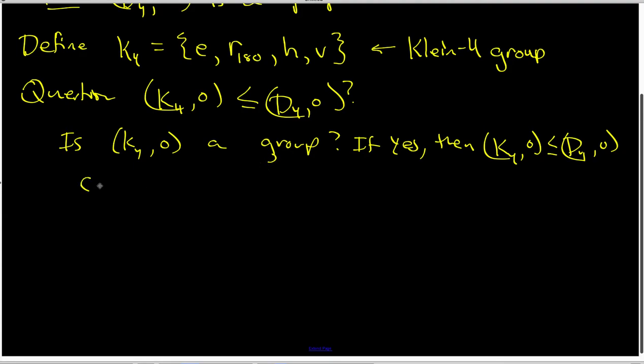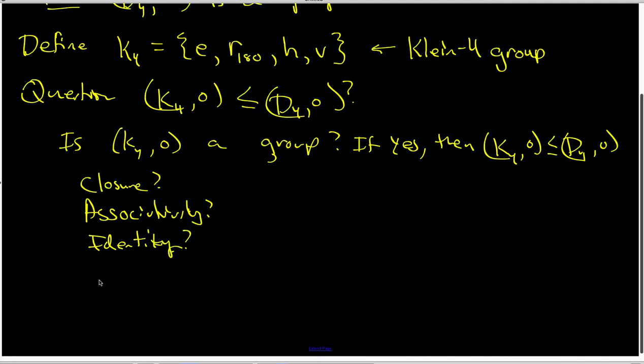We have to be thinking in terms of closure. We have to think about associativity. We have to think about the identity element. And we have to think about inverses.